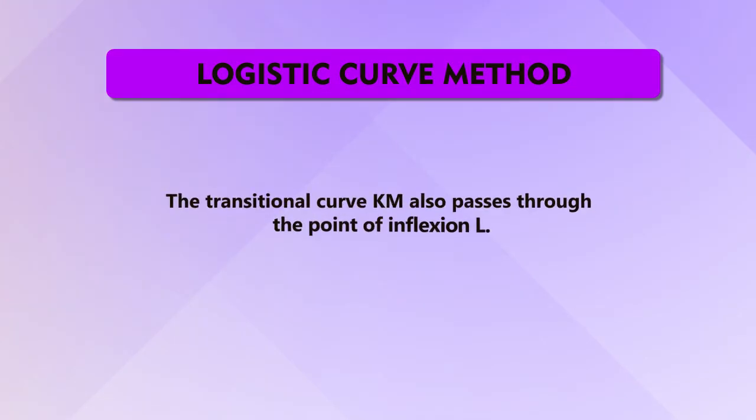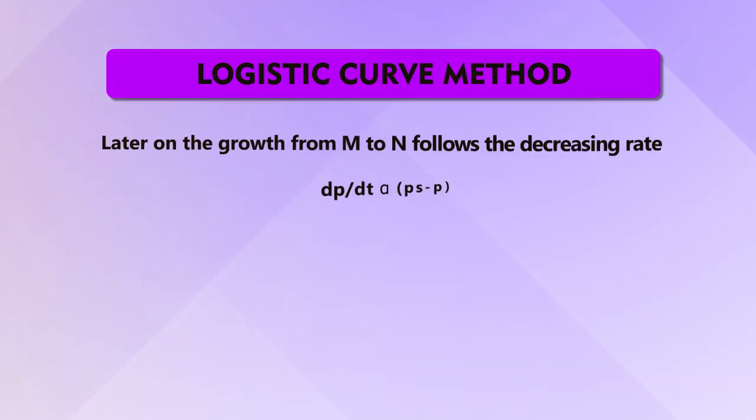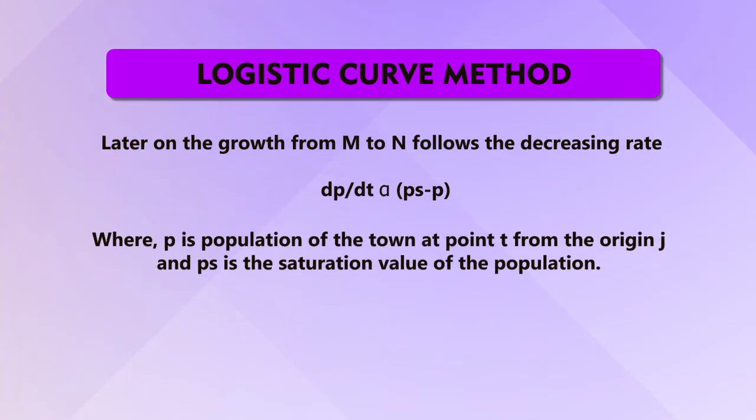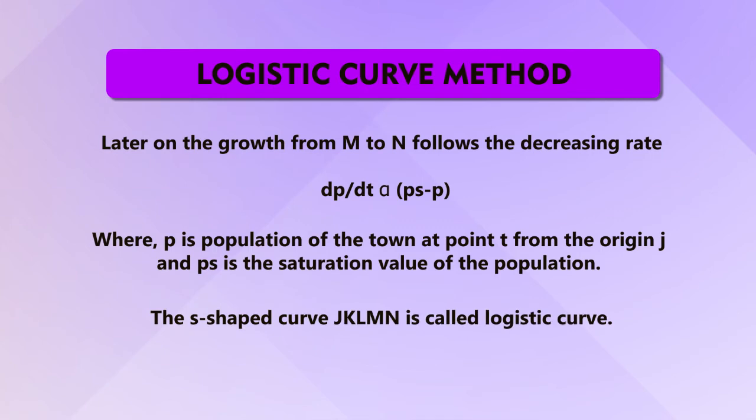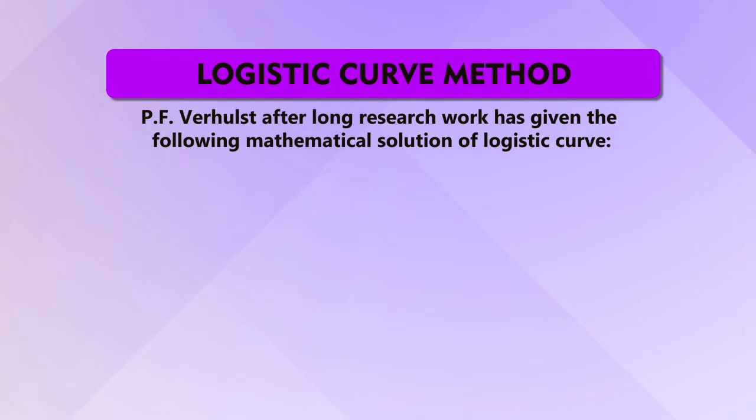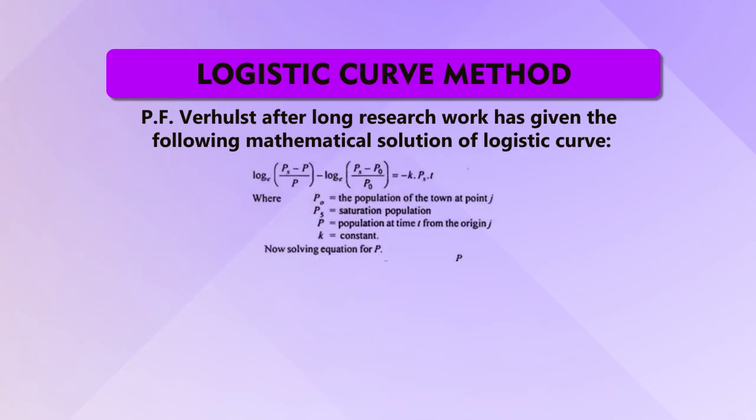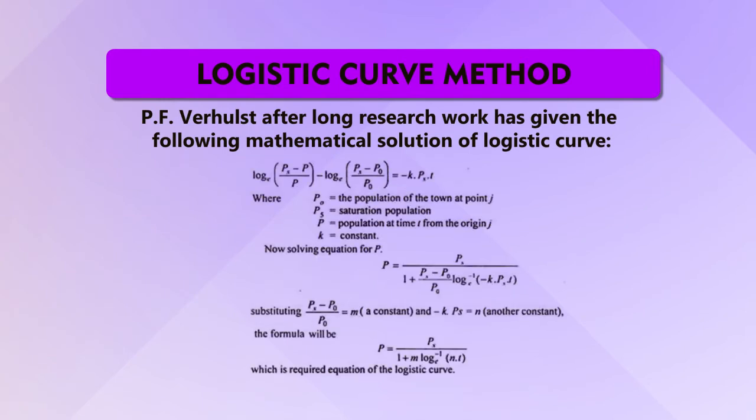The transitional curve KM also passes through the point of inflection L. Later on, the growth from M to N follows a decreasing rate, so dP divided by dt is proportional to P into (Ps minus P). After analysis and research, P. F. Verhulst has given the following mathematical solution of this logistic curve.